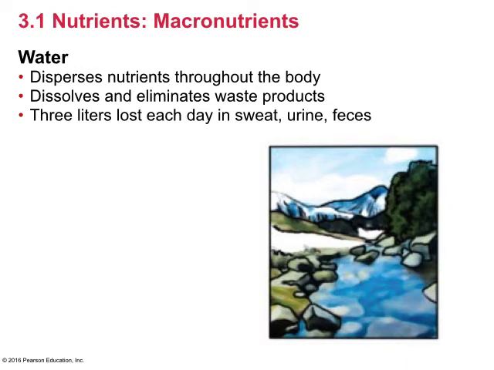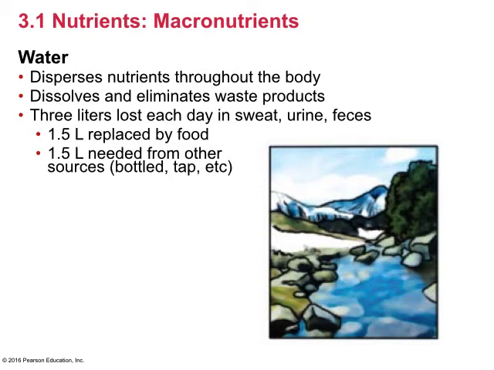You ultimately lose 3 liters of water a day in sweating, in your urine, and in your feces. Half of that is replaced by the food you eat, because the food you eat contains water. And then the other half you need from other sources. So you need to drink water, right? Or tea, you just need to drink liquids. If not, you're going to get dehydrated, and that's going to make you feel crappy.